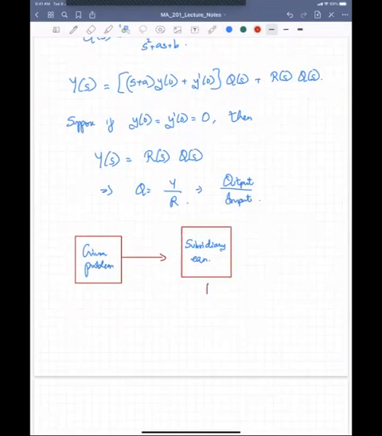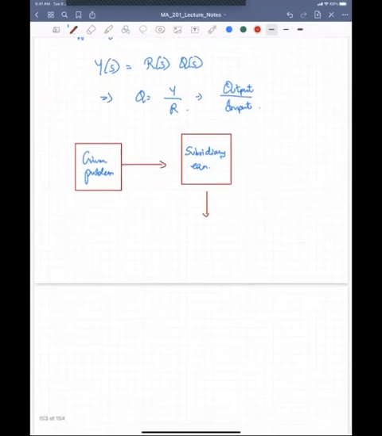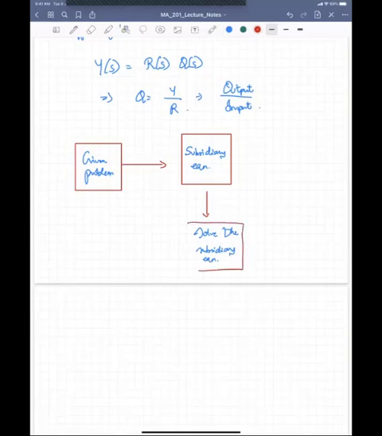Now from here you form the subsidiary equation and solve the subsidiary equation, and this will give you capital Y of S. Okay, and then from here you simply take the inverse Laplace transform and figure out Y of t.